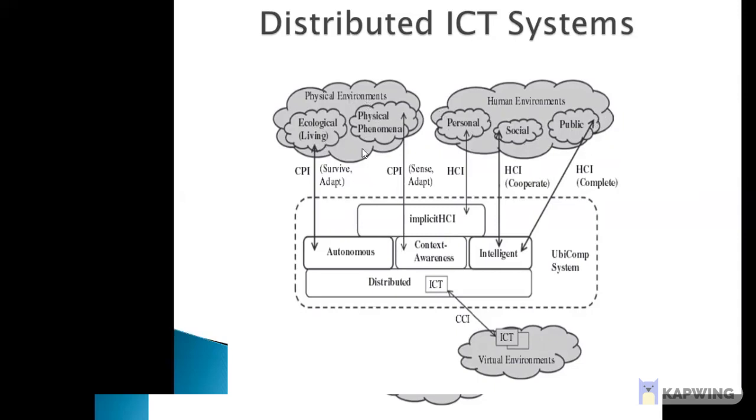So the physical environment interacts with the ubiquitous system, the human environment interacts with the ubiquitous system, and the ICT environment, that is the virtual environment, interacts with the ubiquitous system using CCI, that is computer-computer interaction. Then here is human-computer interaction, and here is computer-physical interaction or environmental interaction. So this is the architecture of a distributed ICT system or ubiquitous computing.